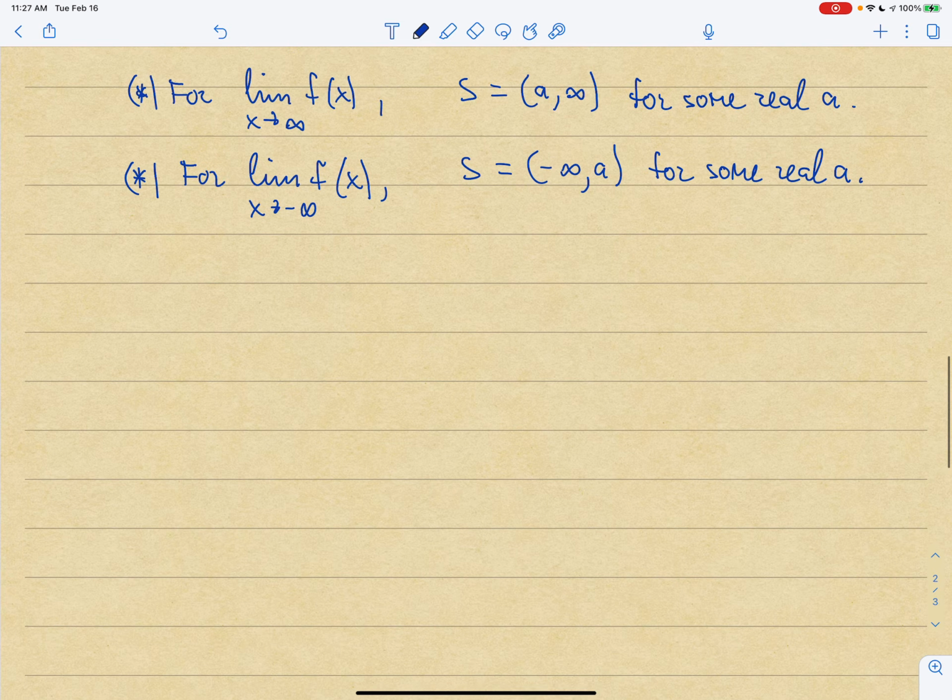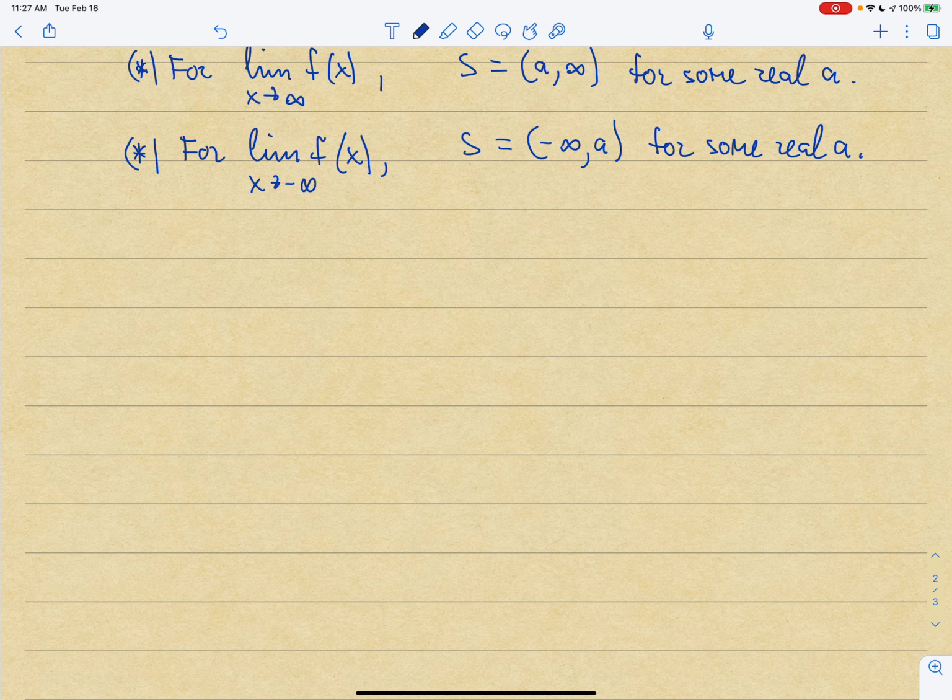Okay, so let's do now more examples. Can we compute the limit x goes to 2 of x squared? Well, what do I need to do? If x goes to 2, that means that as my set from which I'm going to select sequences xn, I should select any interval that contains the point 2, right?